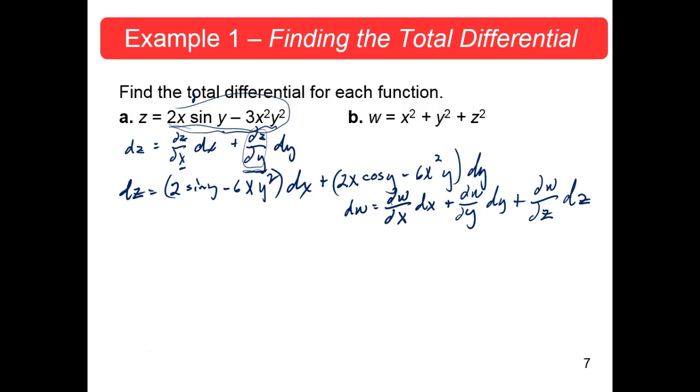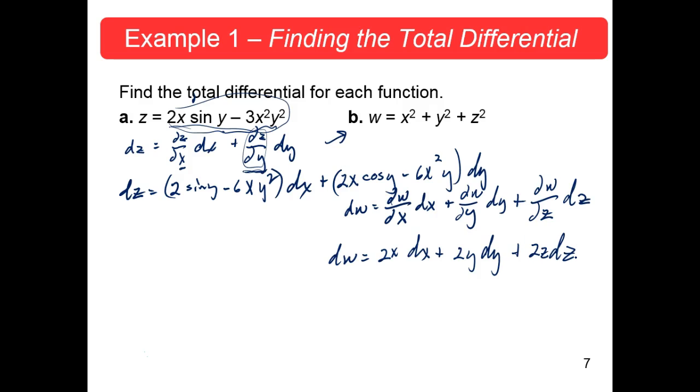But you tell me what that translates to be. dw is equal to, what is partial w with respect to x? 2x dx plus 2y dy plus 2z dz.